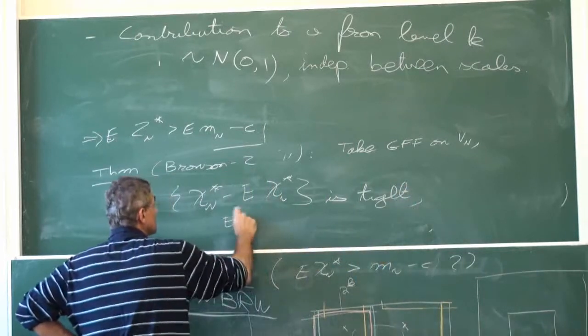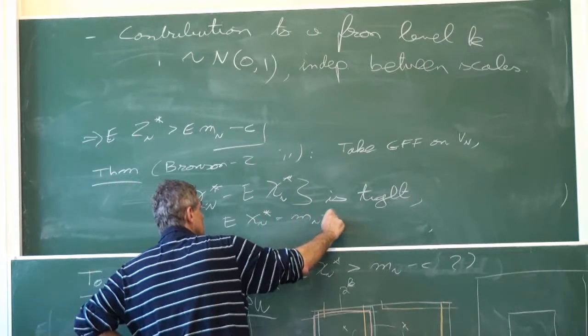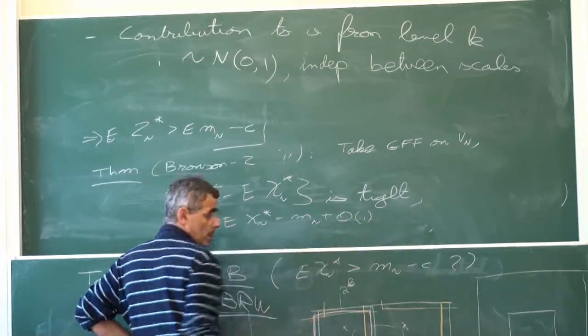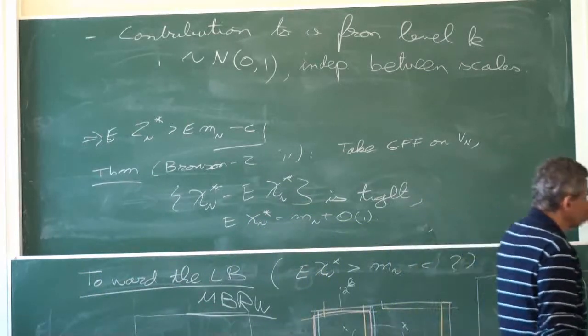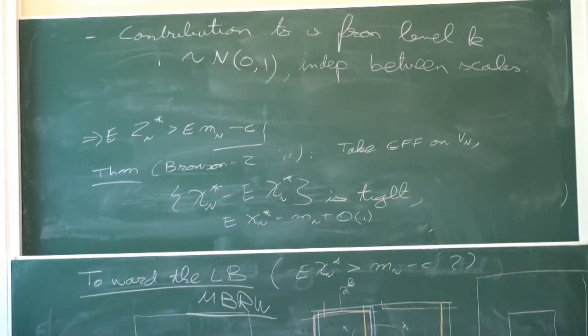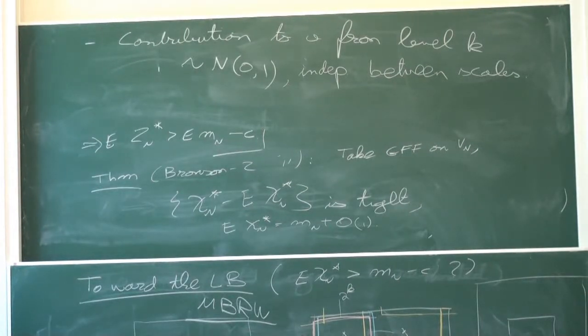And the expectation of Xn star is Mn plus order 1. Okay? So I gave you most of the steps except for this one, which is actually detailed in the notes. If you care about it, it's maybe 2 pages of computation. It's not a big deal. Okay.